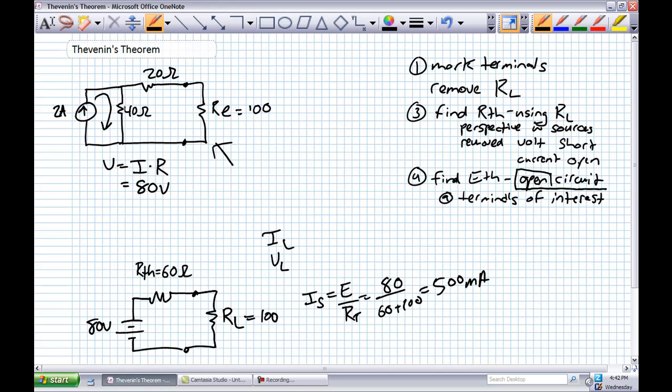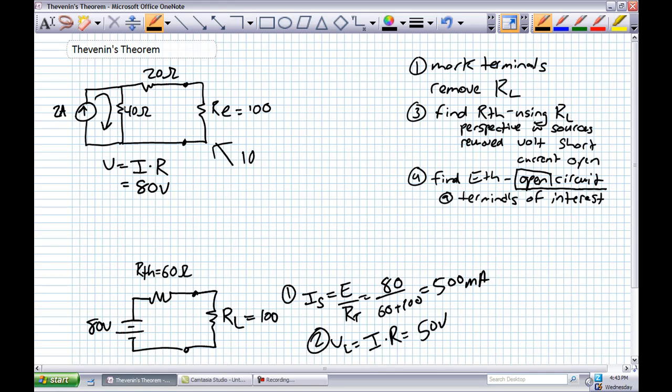I bet you're still doing parallel calculations. Voltage across my load, 500 milliamps, times my resistor of 100, 50 volts. Not bad. One step, two-step. Okay?